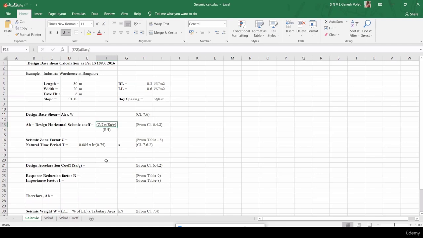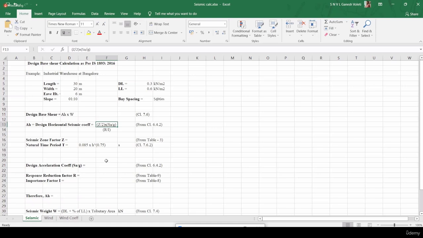Okay, so first of all, zone factor. How to choose the zone factor? There is Table 3 in IS 1893. Table 3 is the seismic zone factor. To find the seismic zone factor, we need the seismic zone.